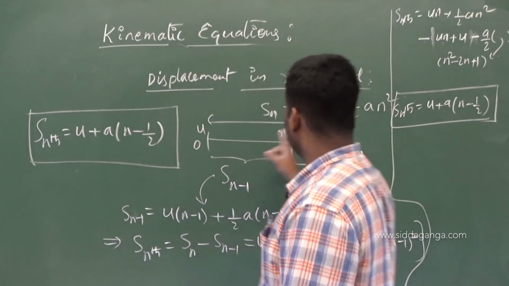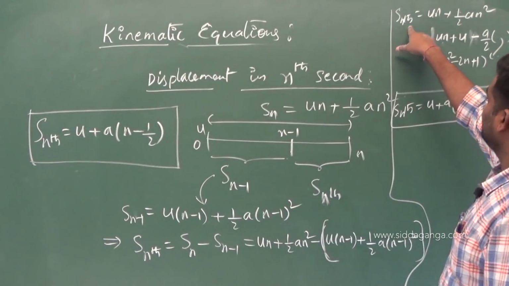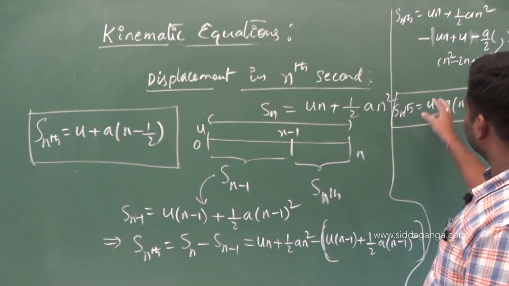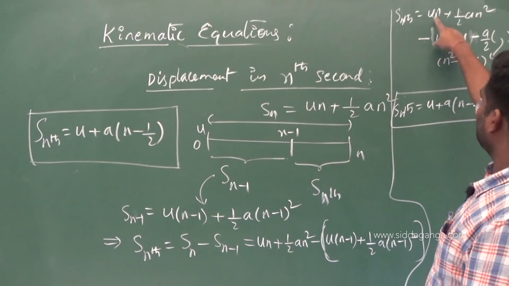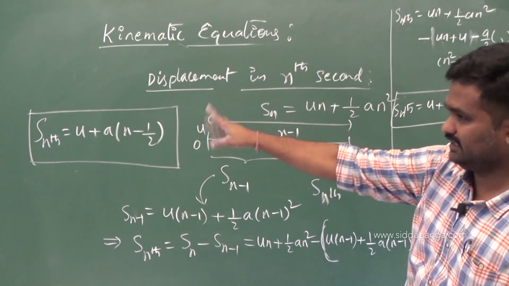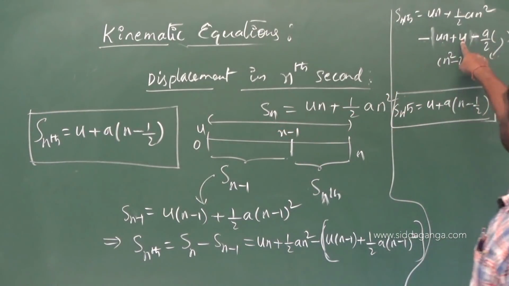We have substituted for Sn and S(n-1). The terms which get cancelled, let them be, and the remaining terms, if you finally rewrite this relation, u is left out here.